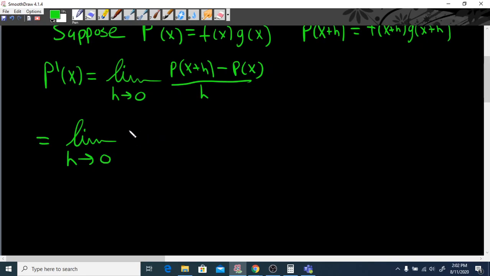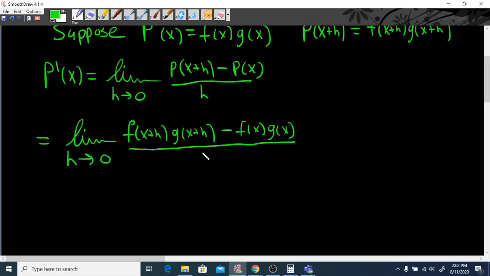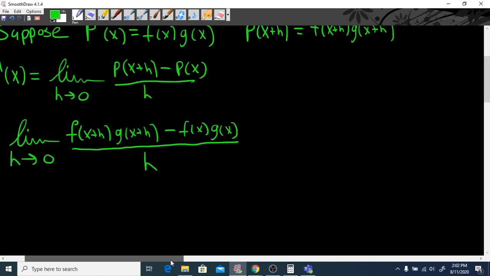Well, we just calculated that. That's f at x plus h, g at x plus h, minus, and then p is f of x, g of x, being multiplied, over h. Okay, cool. That's not very useful. So what can we do, right?